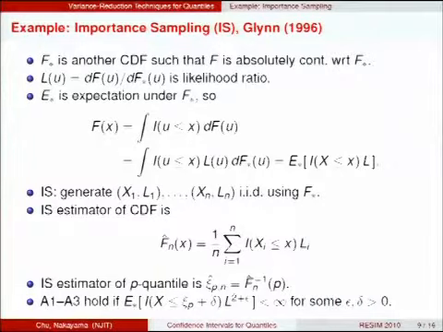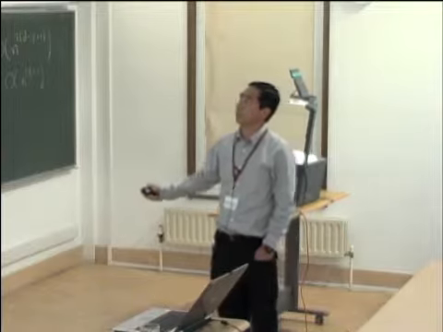So again, F is our original distribution. We need that F is absolutely continuous with respect to this new distribution, F star. That's what we're going to use: we generate samples from F star when we're using importance sampling. L over here is the likelihood ratio. And so we just do this change of measure type of argument that we've all seen before.